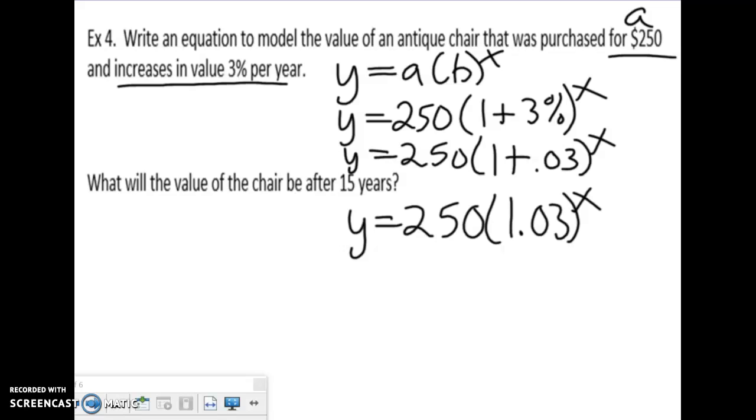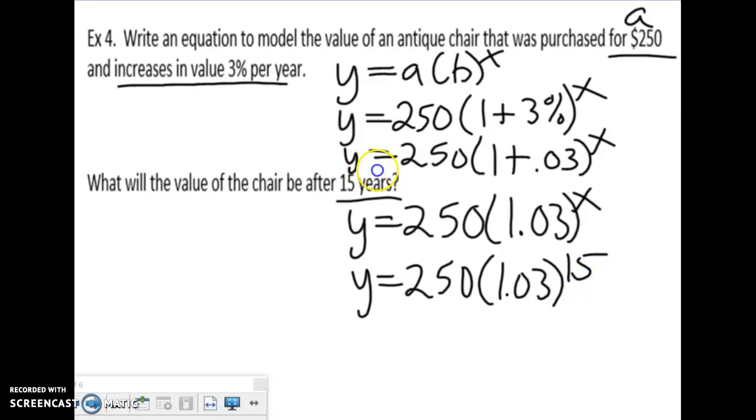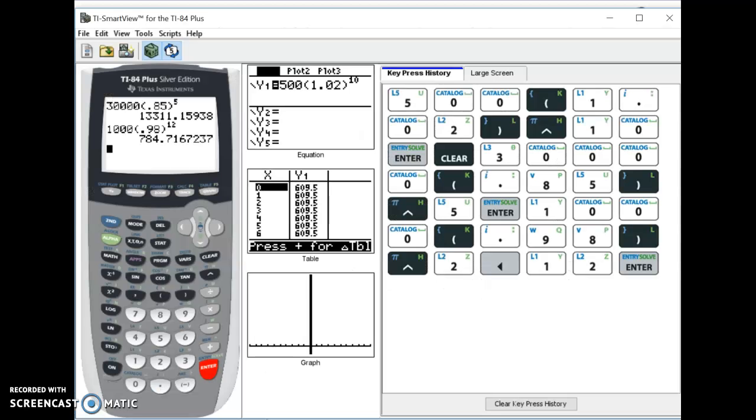Now, what's the value of the chair if it's going to increase at 3% for 15 years? Well, let's simply substitute in 15 for the exponent. Once you've got that, the only thing you have left to do is put it into your calculator.